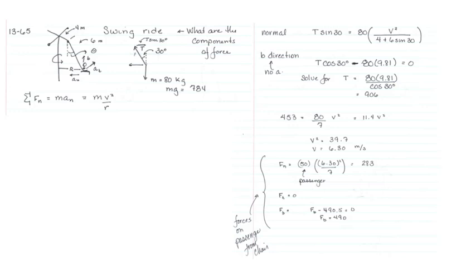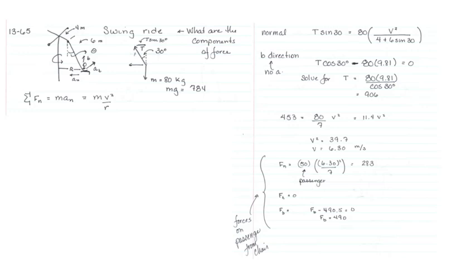It says determine the constant speed of the passengers on the amusement park ride if it is observed that the supporting cables are directed at an angle of 30 degrees from the vertical. Each chair, including its passenger, has a mass of 80 kilograms. So that 80 kilograms is the mass of the passenger plus the mass of the chair.